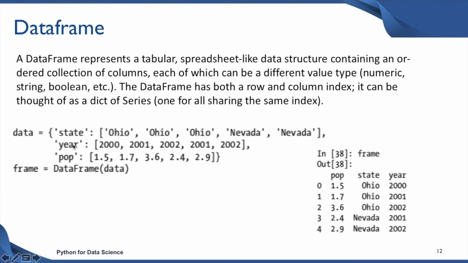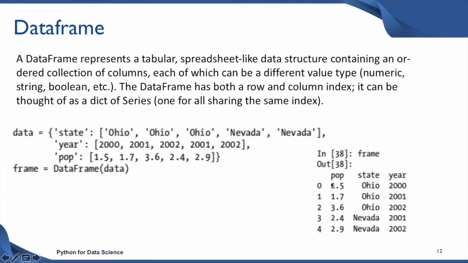Here you have state, which is in the form of a dictionary, and we have the year also, which is also in the form of a dictionary. They have key value pairs. All of these will share a single index, that is 0 to 4. We can also change this index by specifying the index, but they will share the same index.